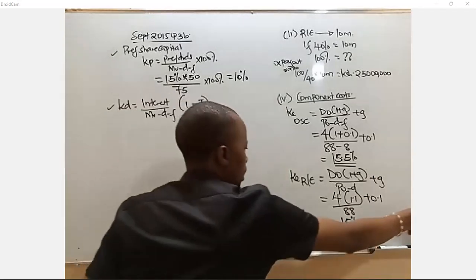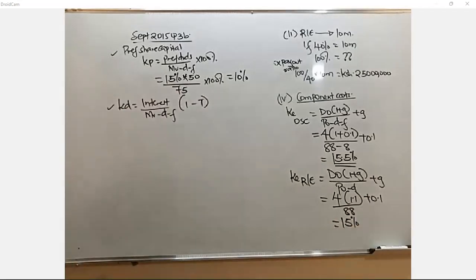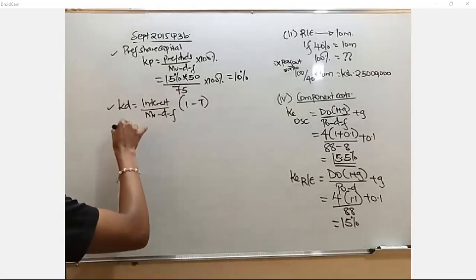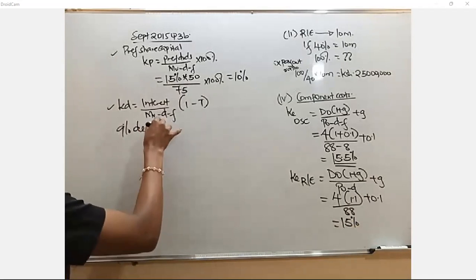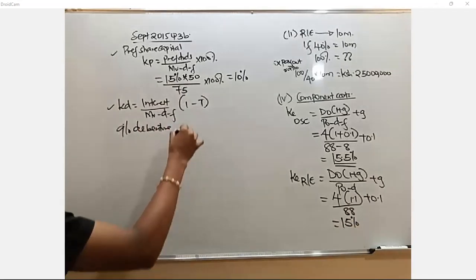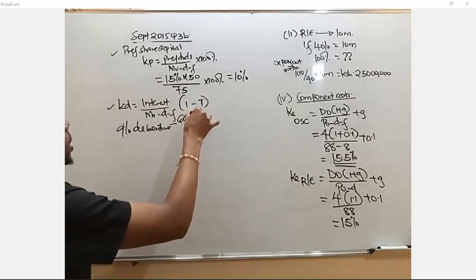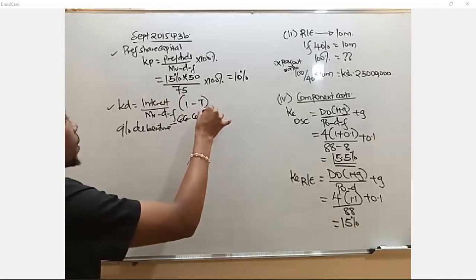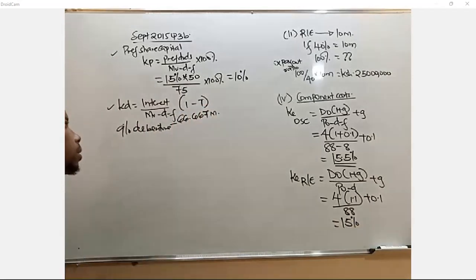The first case will be the 9% debenture, and the 9% debenture can raise 66.667 million. Correct? That is what we need to understand.